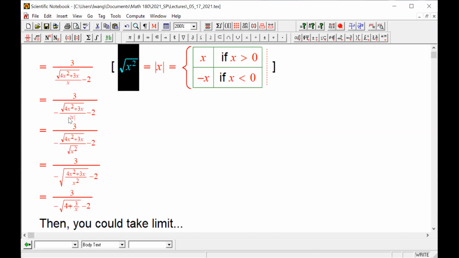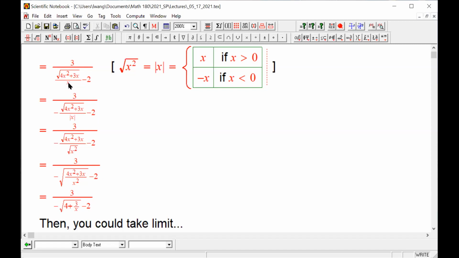So we just substitute the absolute value of x by the square root of x squared. You follow me? But because we're using this branch, in the case of x less than 0, a negative x is equal to the absolute value of x. So that's how we get this negative sign. So with this x itself, you don't see the negative sign, but x itself is negative.